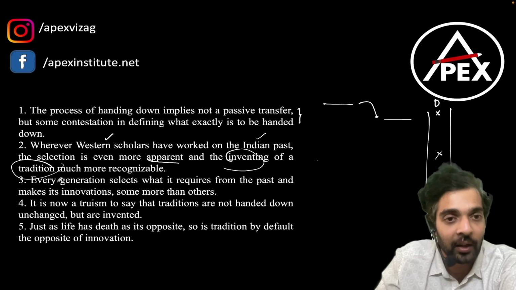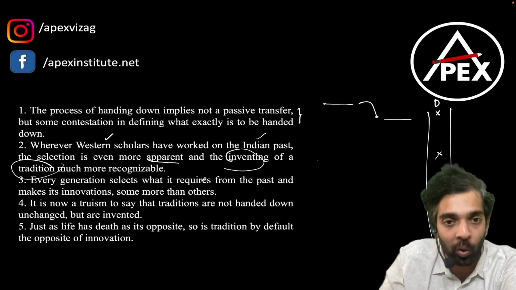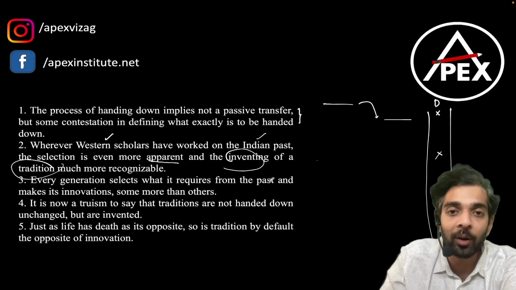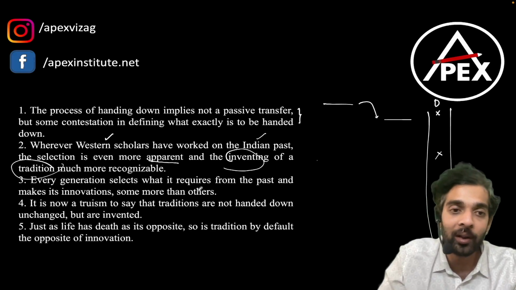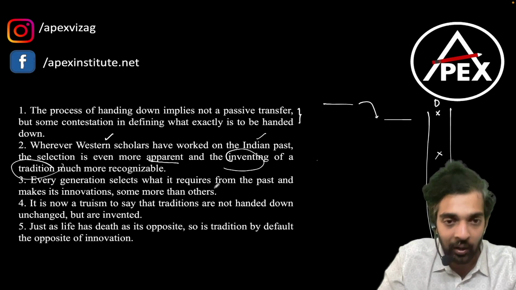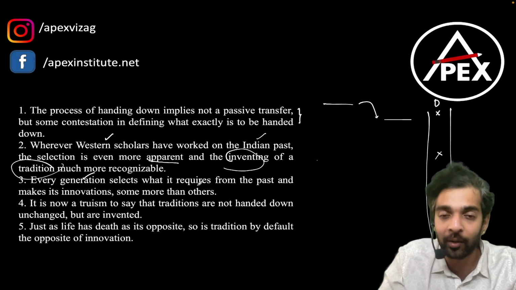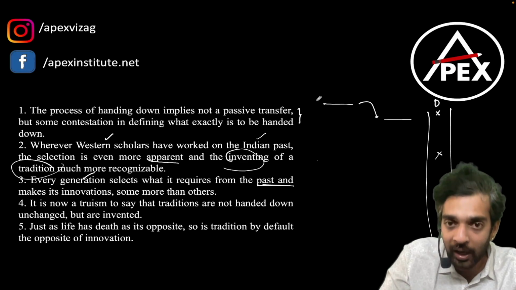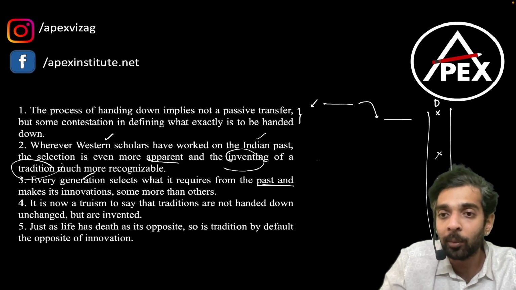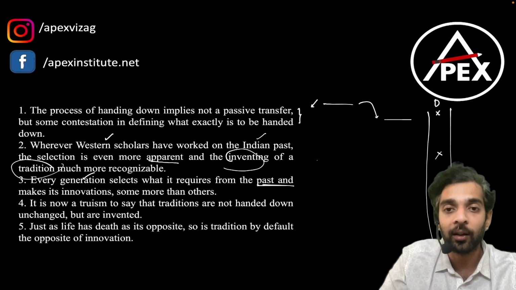What about here? Every generation selects what it requires from the past and makes its innovations, some more than others. Okay, fair enough. Here he's talking about how generations are selecting what is required from the past. So again this relates to what is handed down, but clearly this is not going to be my opening sentence.